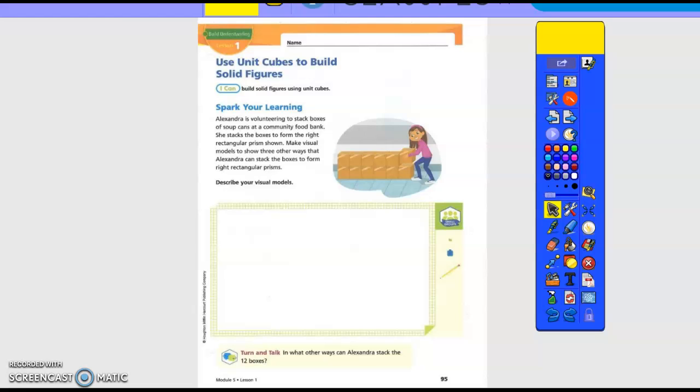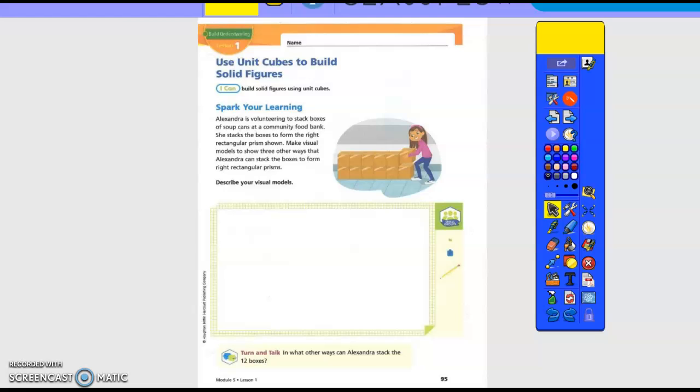Alexandra is volunteering to stack boxes of soup cans at a community food bank. She stacks the boxes to form the right rectangular prism shown. Make visual models to show 3 other ways that Alexandra can stack the boxes to form right rectangular prisms. Okay, so basically over here in her picture, how many total boxes do we have? 12, right?